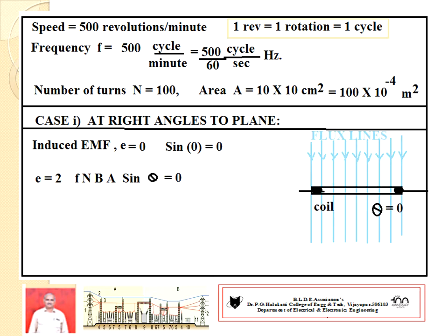Now you come to the point, case number 1: at right angles to the plane. Now you see there, flux lines are coming from top to bottom. The conductor system is perpendicular to the magnetic field system.